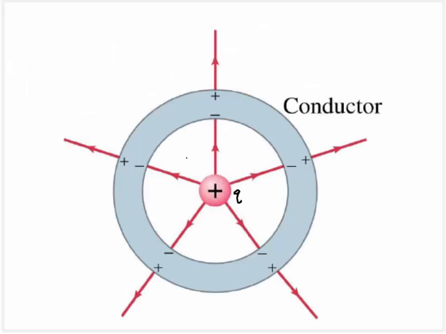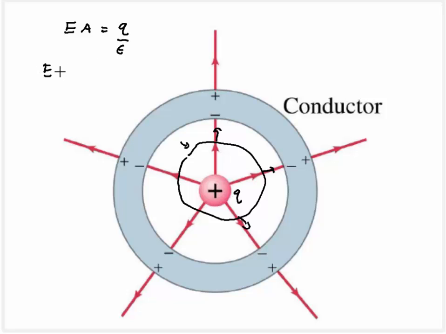If I draw my area, let's say a perfect sphere here, and I enclose this charge, my area is always going to be perpendicular to my electric field, if I was a very good artist. So the electric field multiplied by the area is equal to the charge enclosed, here just Q, divided by the permeability of free space. My area is the area of the sphere, which is 4 pi r squared.